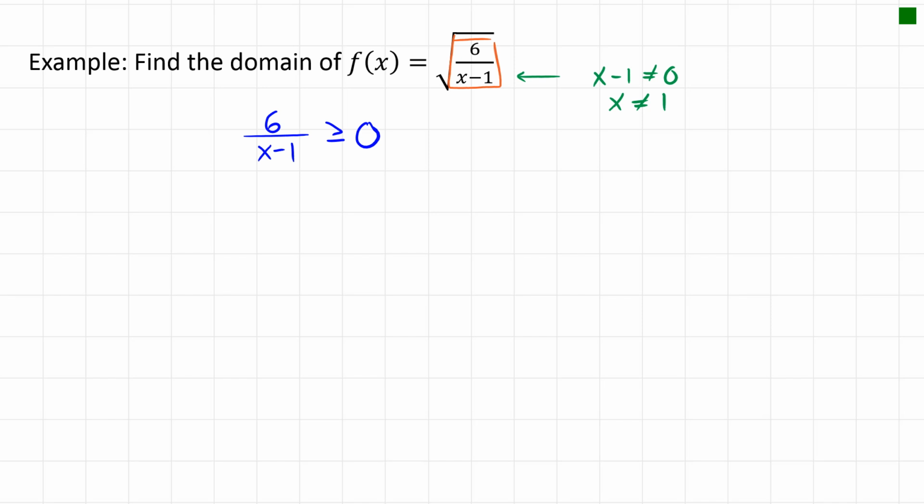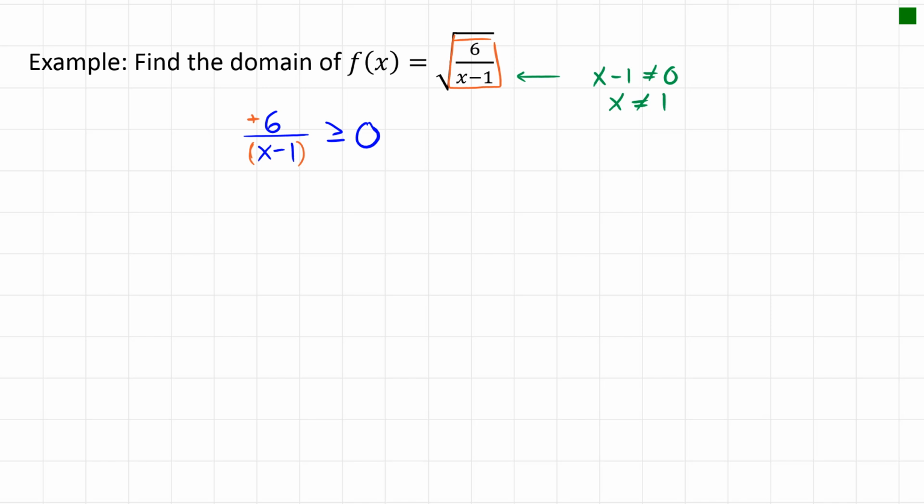But what we need to recognize is that you have +6 on the top of this expression, and below you have x minus 1. In order for that to be greater than or equal to 0, you have a positive number divided by x minus 1.